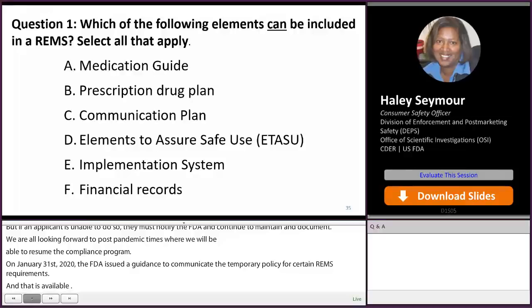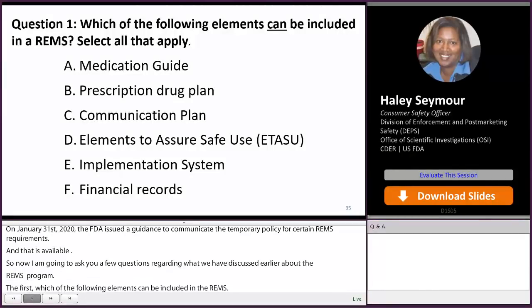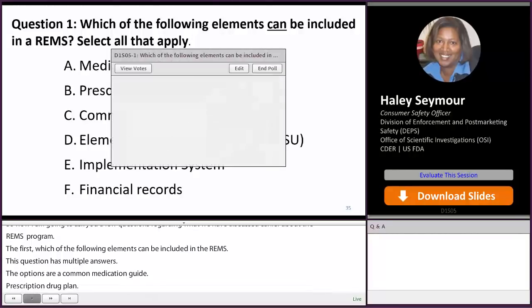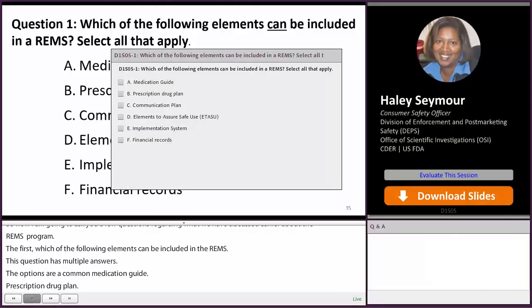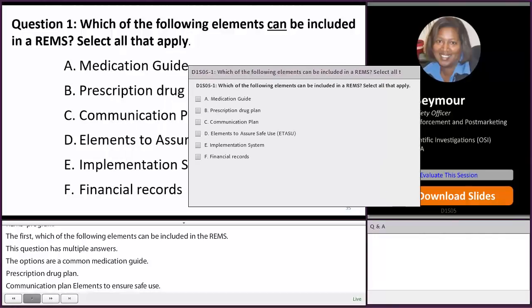The options are A, medication guide, prescription drug plan, communication plan, elements to assure safe use, implementation system, financial records. Please select your answer in our poll screen.